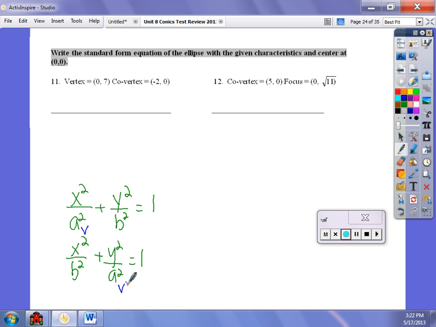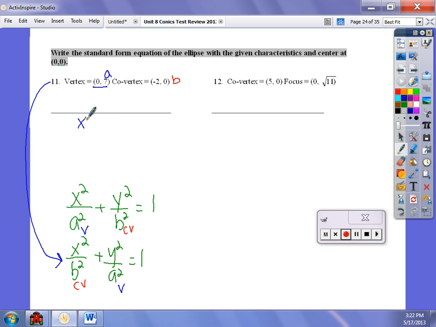It's always the bigger number. B represents your co-vertex. And C represents your focus. If the question gives you the co-vertex and the vertex, you just have to plug them into the formula. Since this starts out with 0, 7, that means that we have to use this formula down here.